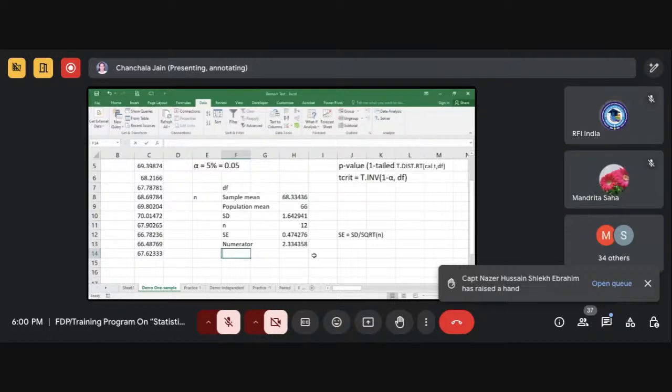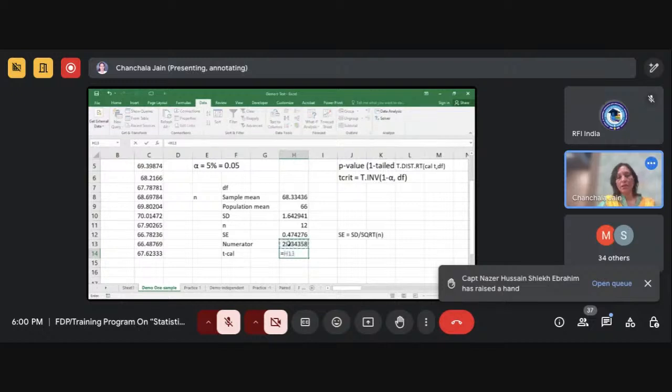Now we'll get the T value, which is this difference divided by standard error. Done, everyone? Yes. Which is 4.921.